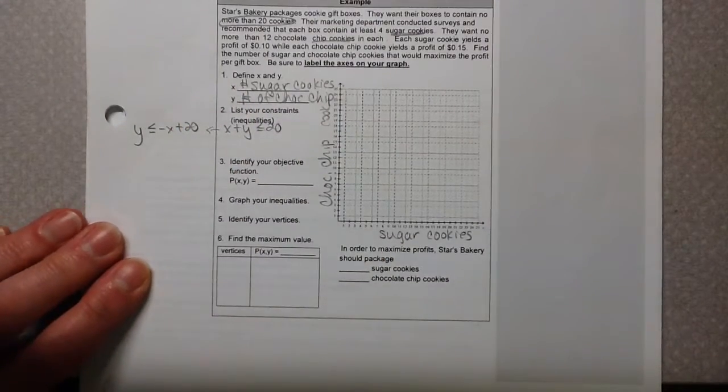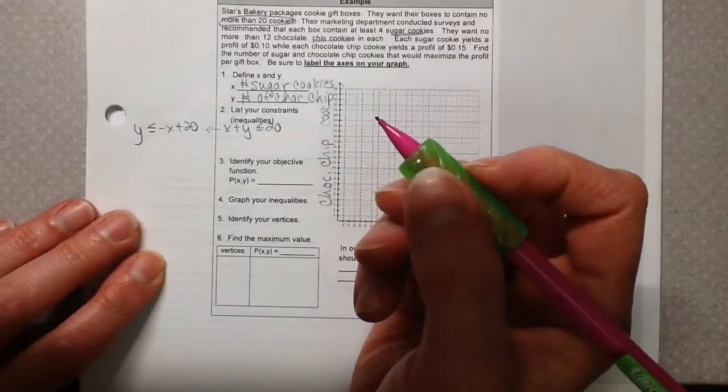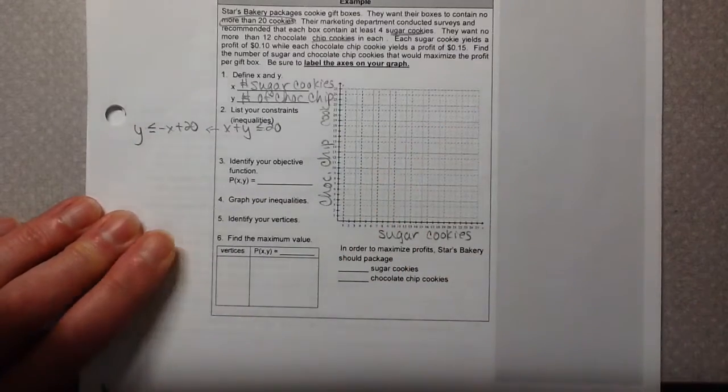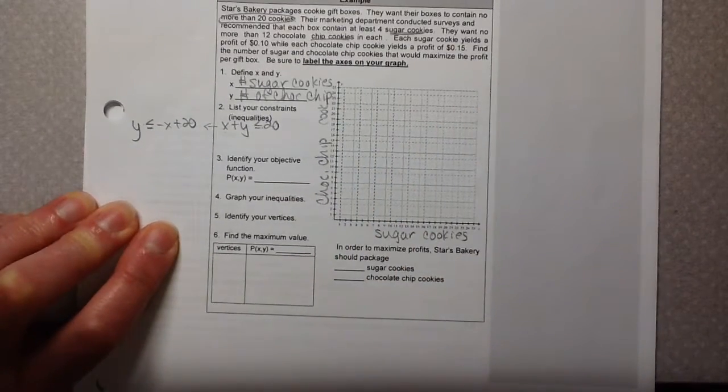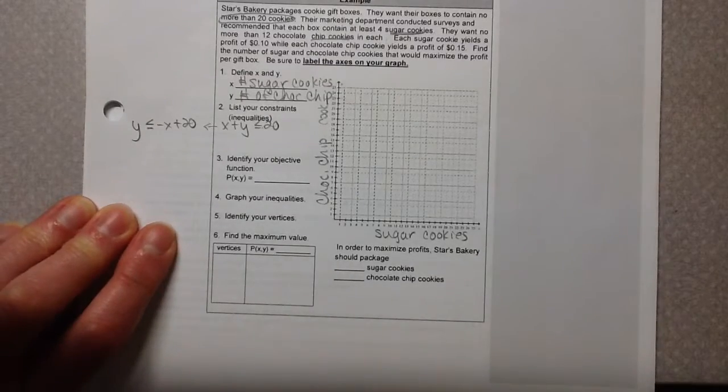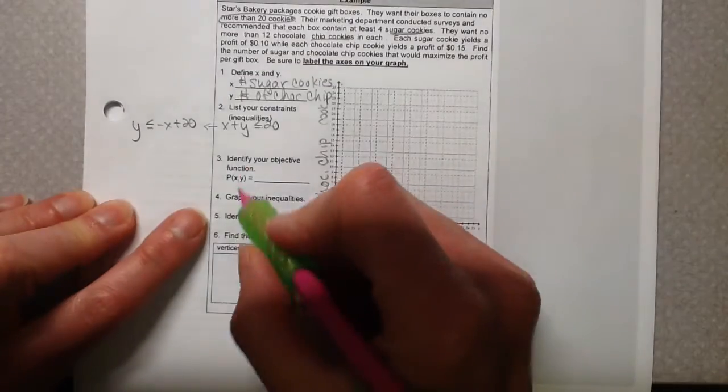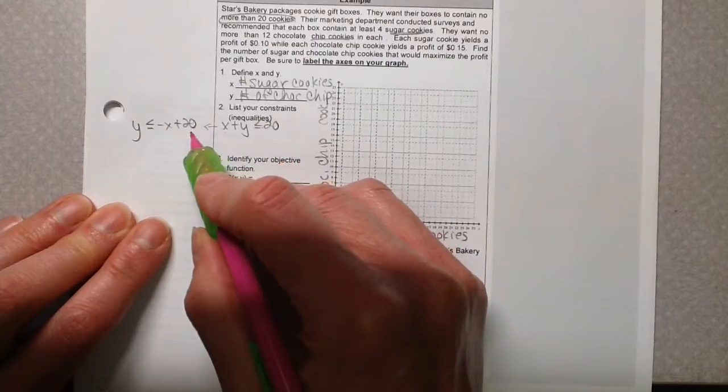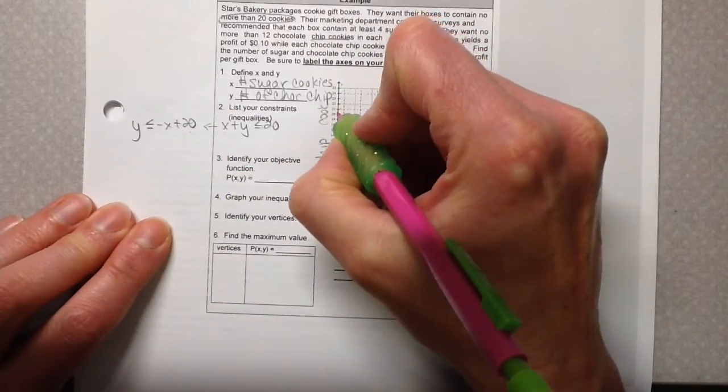Now you want to make sure you give yourself lots of points, because you'll see in just a few minutes why it's important to use lots of points. So we're going to start on the y-intercept, which is at 20.